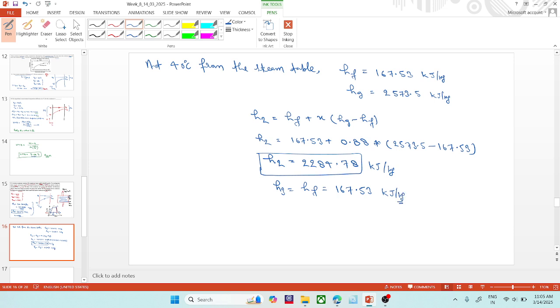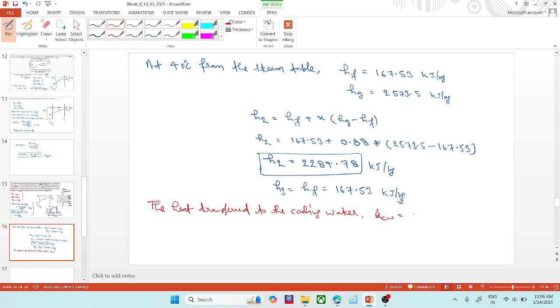Now our first aim would be the heat transferred to the cooling water, Q dot CW.